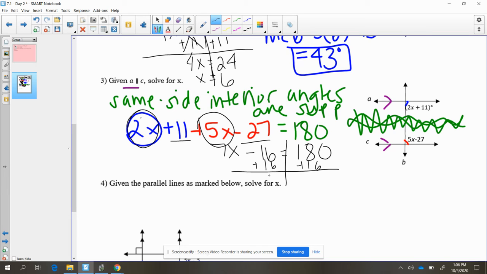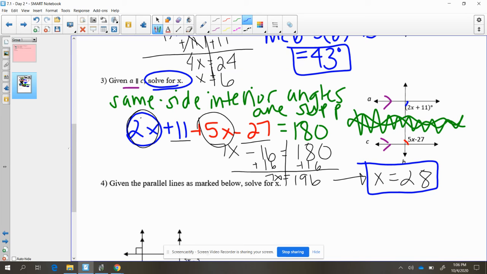Just do that reverse order of operations there. So 7x equals 196. And then last but not least, 196 divided by 7 is 28. And on this particular problem, they just wanted us to solve for x, so we can circle and be done with that question.